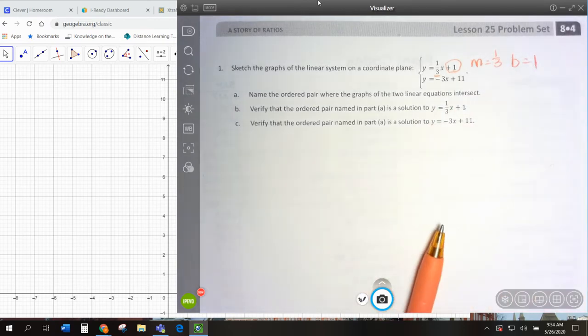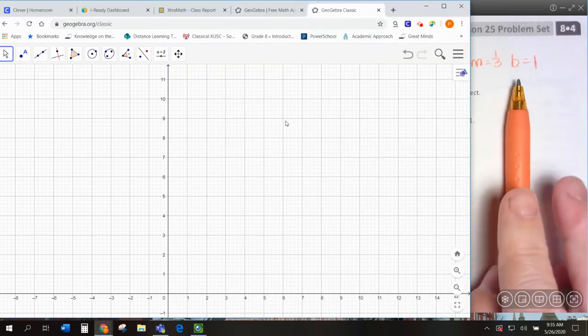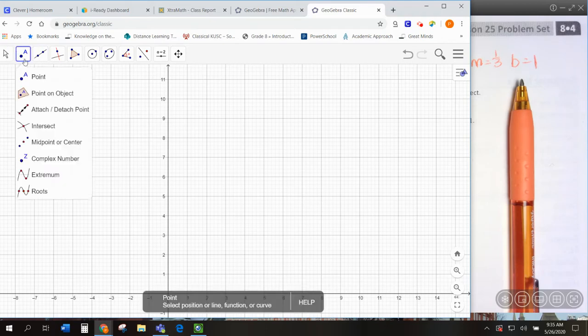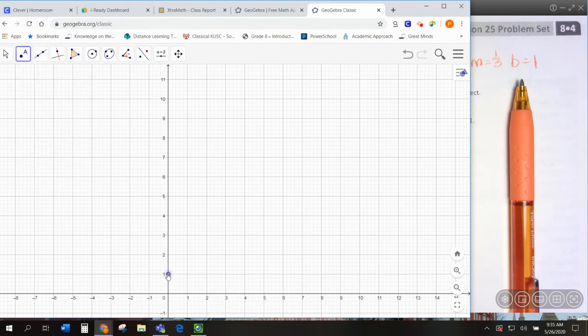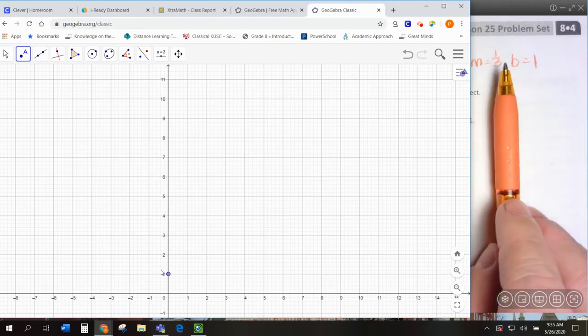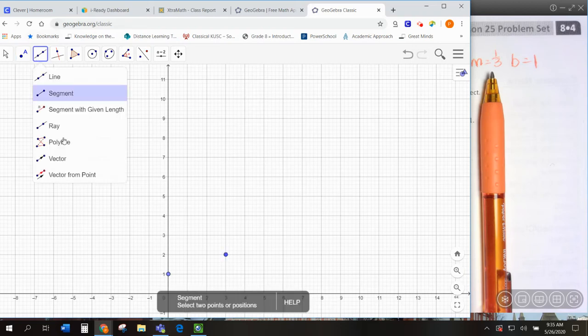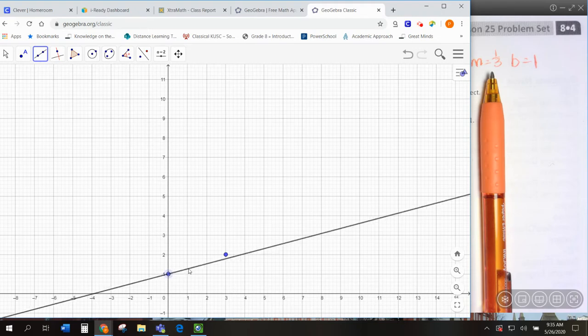So we're going to go over to our graph, and we're going to put our y-intercept first. So we're going to put a point at +1. And then our slope is 1/3, which means we rise over run. We go up 1 over 3, up 1 over 3. So we have to go up 1 and over 3. I'm going to put a point there, and I'm going to connect these two with a line.